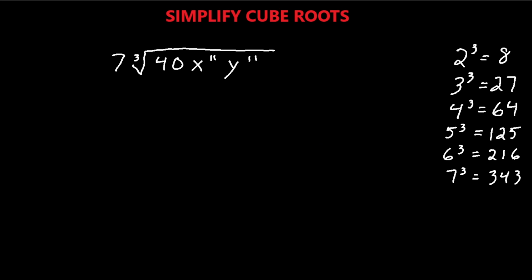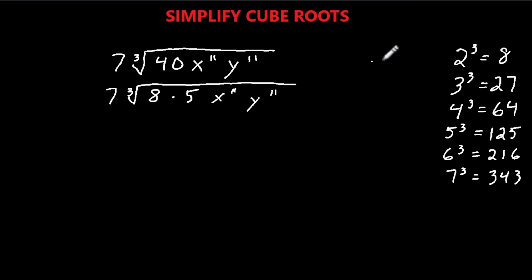Now combining what we just practiced with both variables and coefficients, now we'll combine them together for full-on algebraic cube roots. Super simple. So you just do it one step at a time. On the next line, I'm going to bring down the 7, and then under this, I'm going to have, instead of 40, it's going to be 8 times 5, because 8 is a perfect cube, times 5, x to the 11th, y to the 11th.